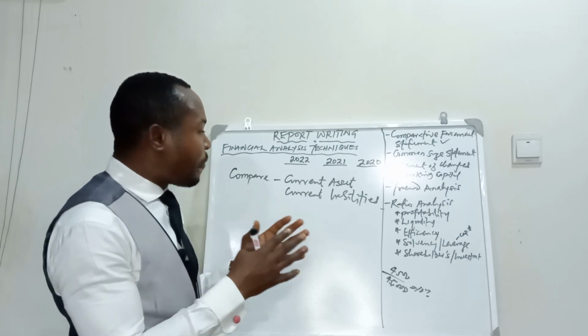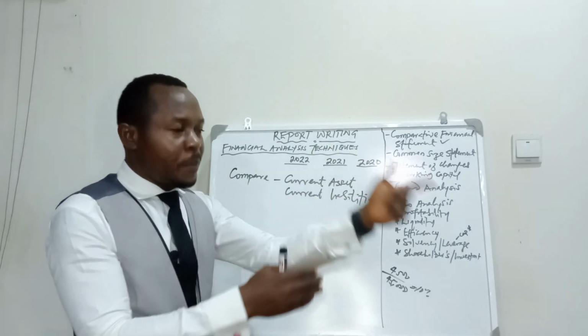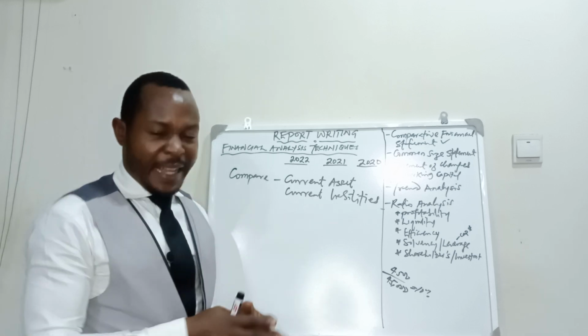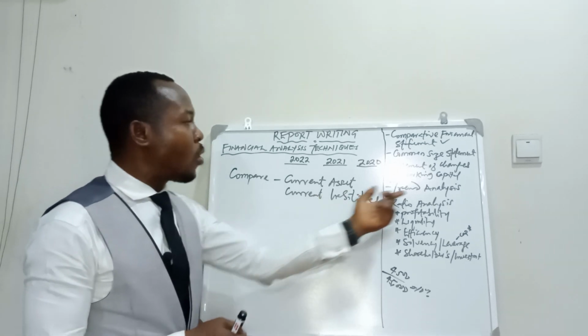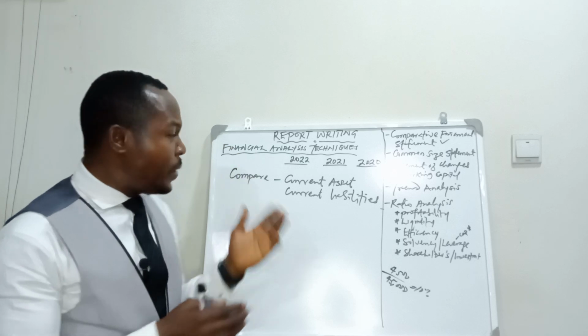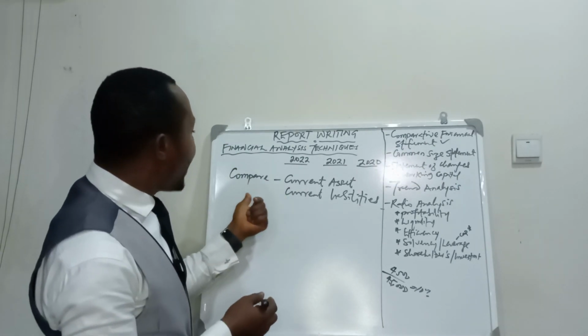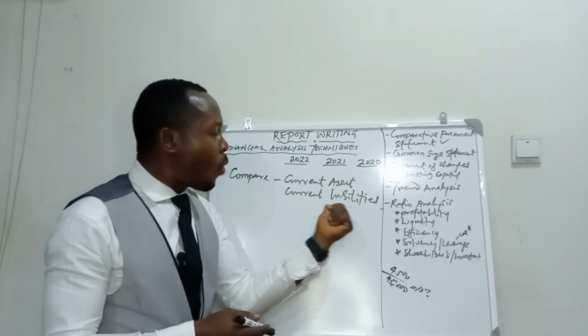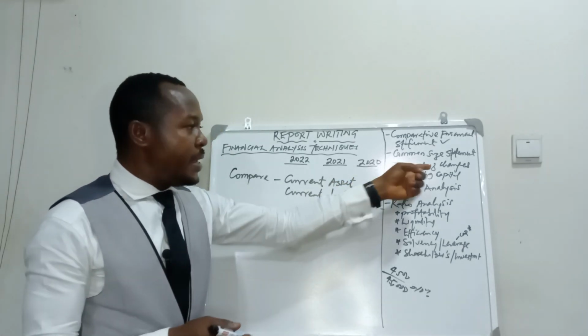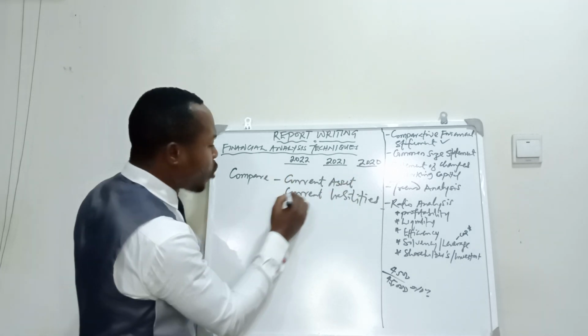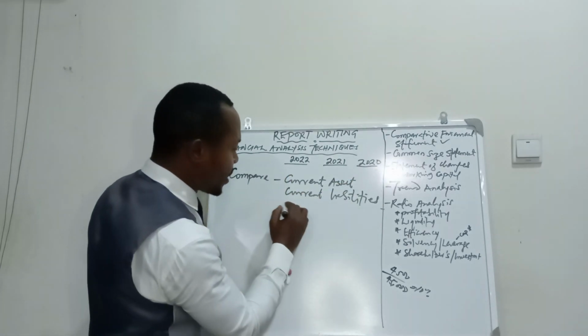You understand it? What they have to pay, that can be converted to liquid easily. That is what they are talking about when it comes to working capital. I hope this is clear. So comparing the current assets with the current liabilities is the working capital we are talking about. The net of this is the working capital.